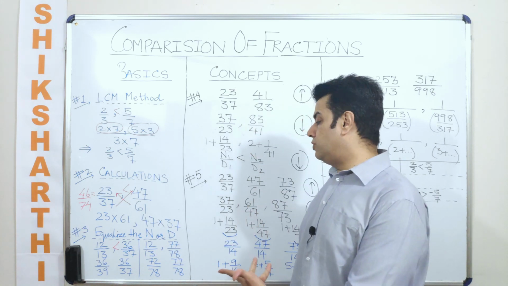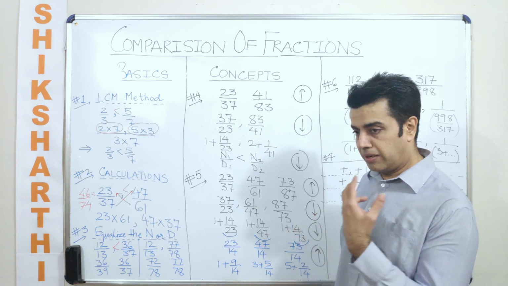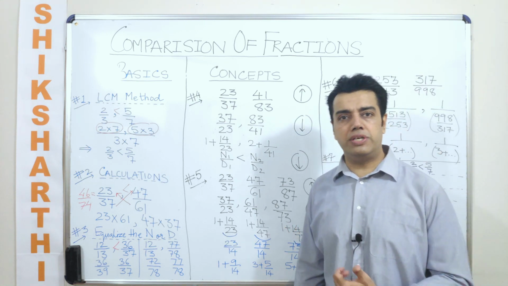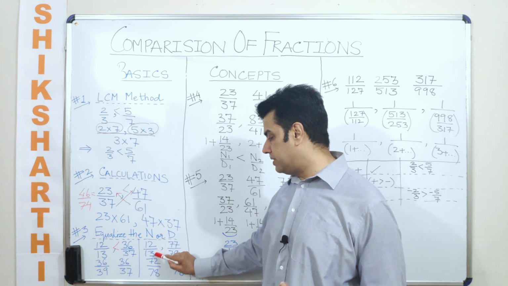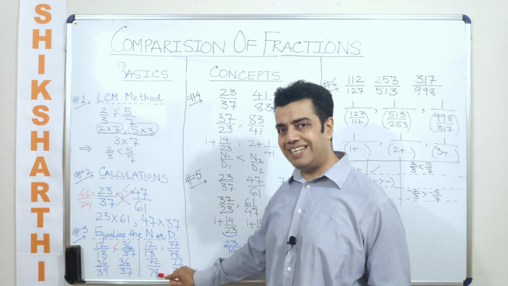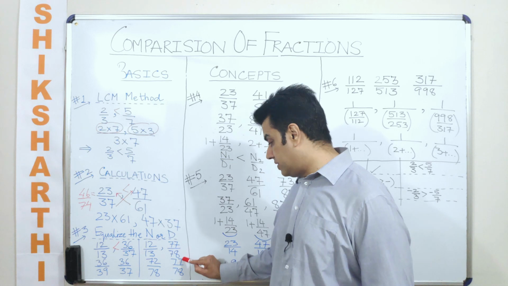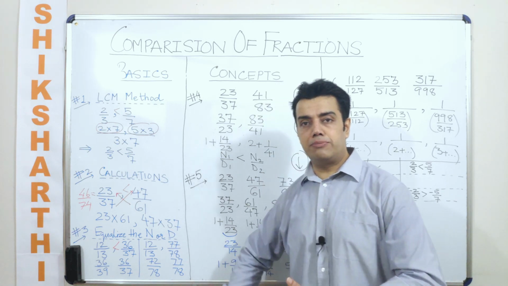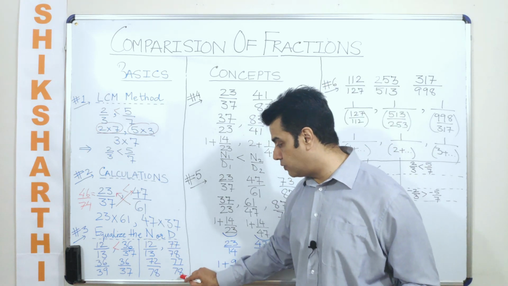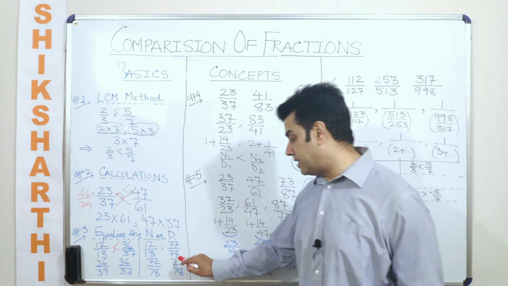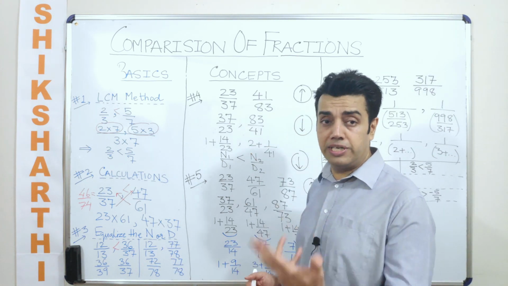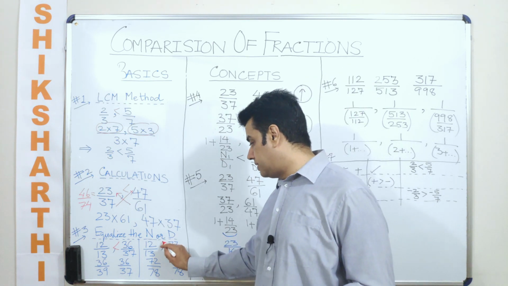Now the moment you are able to establish the fact that 78 is a multiple of 13, we write an equivalent fraction. So 12 by 13 can be written as 72 by 78. And the other fraction is already 77 upon 78. Now you have the denominators equal, so you can simply compare their numerators, and the fraction having a greater numerator will be a greater fraction.